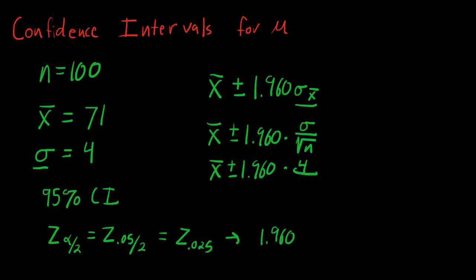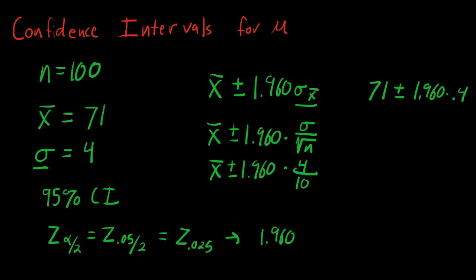Since n is 100, square root of n is 10, so we get 4 over 10. We're going to substitute in our 71 now, so we have 71 plus or minus 1.960 times 4 divided by 10, or 0.4.